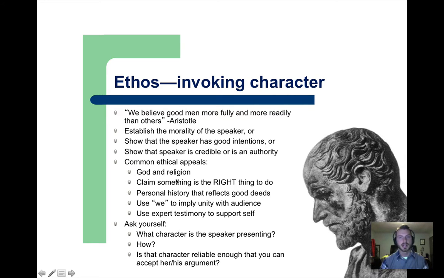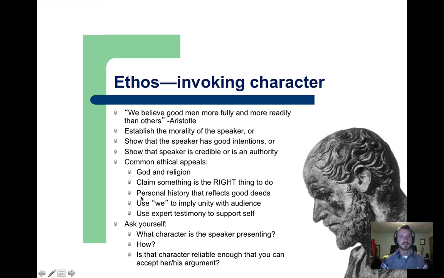Again, you could mention God or any religious philosophy. You could make the claim that it's the right thing to do, that whatever your conflict is, if it's with your parents or your brother and sister or a friend, telling them that what they're doing is wrong and that what you're trying to do is right.